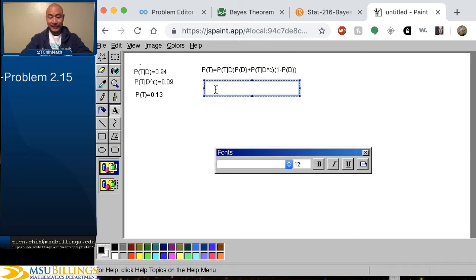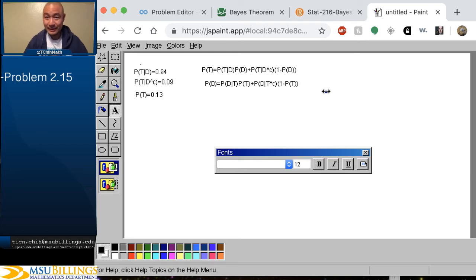And the second form of Bayes' theorem is we just replace the roles of T and D. P of D is equal to P of D given T, P of T, plus P of D given T complement, 1 minus P of T. Oops, I'm missing a parenthesis there.